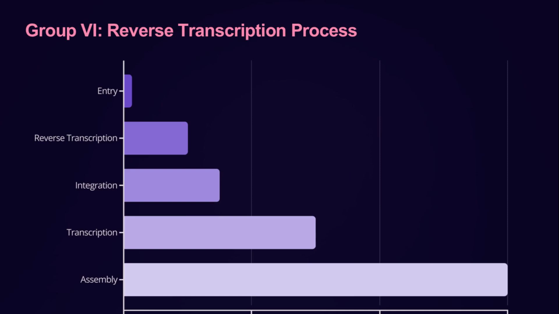Integration of the viral DNA into the host cell's genome takes around 6 hours. Transcription of the integrated viral DNA to produce new viral RNA takes 12 hours. Finally, the assembly of new viral particles occurs over 24 hours. Understanding the timeline of these steps is important for developing effective treatments that target different stages of the process.